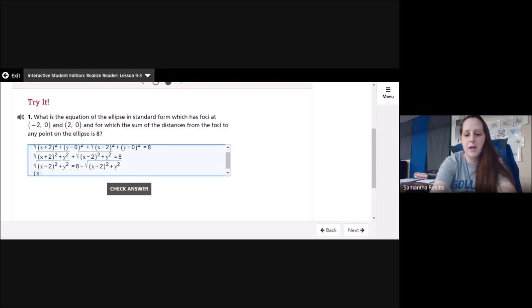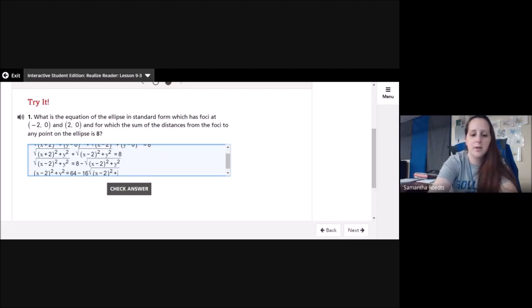This gives me (x plus 2) squared plus y squared equals 64 minus 16 times the square root of (x minus 2) squared plus y squared, plus (x minus 2) squared plus y squared.